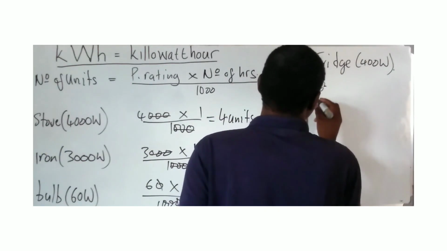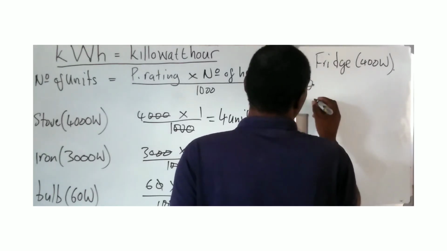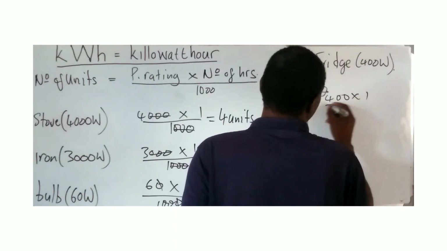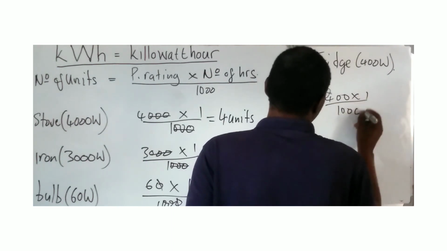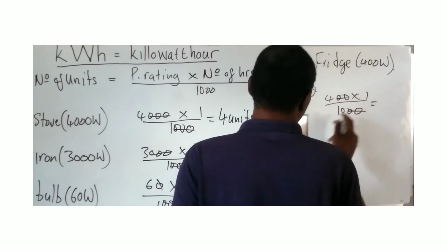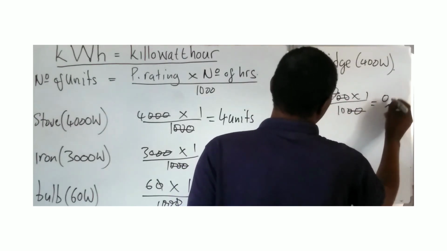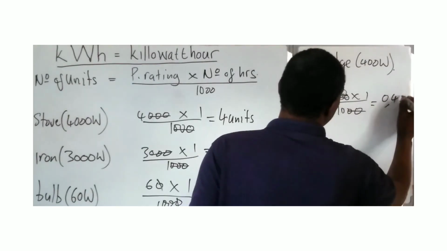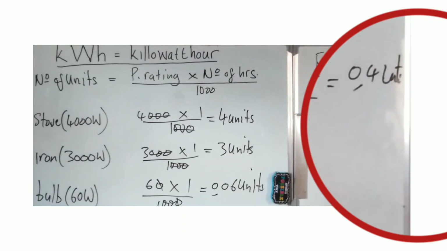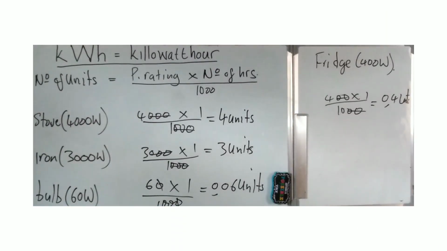So 400 watts, so it's going to give us 400 times 1 divided by 1,000, which gives us, this goes 4 over 10, which is 0.4 units. kWh.